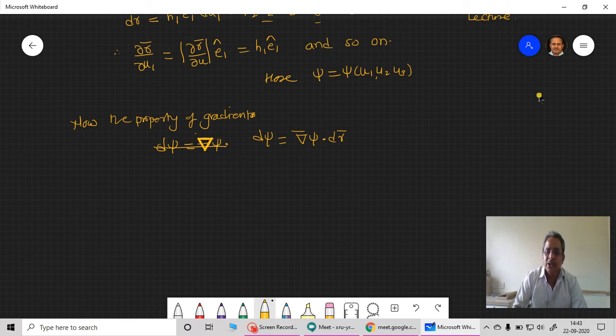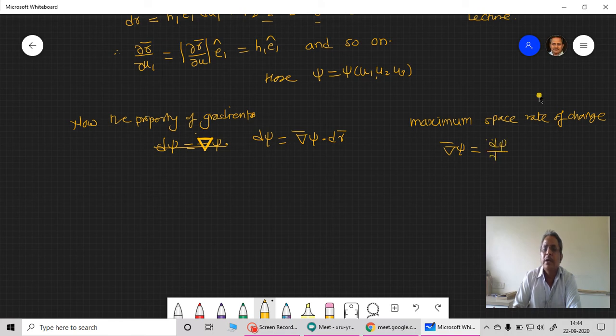We have also mentioned, if you remember, that gradient is the maximum space rate of change of that scalar. We have written grad psi is equal to d psi upon dr maximum. We have mentioned the angle, this is a vector, this is a vector.